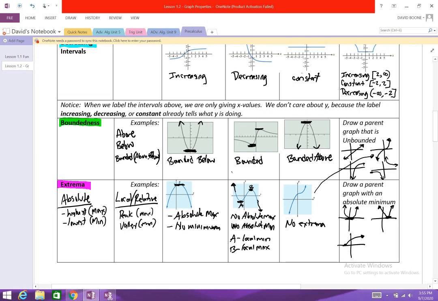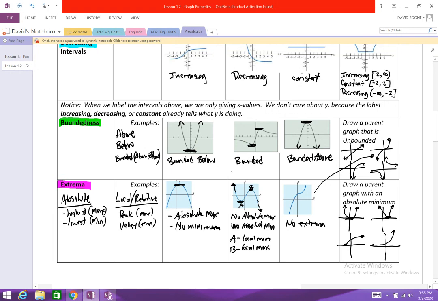Again, that's an absolute minimum right there. Or if you even look at exponential growth problems, that kind of go like this and shoot up, but when it goes back this way, it's just kind of leveling off at that horizontal asymptote. This one too would have an absolute minimum.